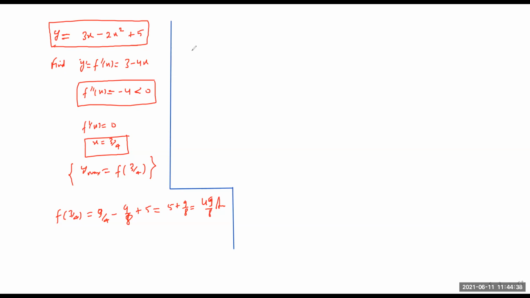I had a question. We did f double dash of x and found it to be -4, which is less than 0. We did that just to check if it is maximum or minimum. Very true, that's the mathematical way of checking. If you can see the actual graph, if you know how to plot a graph, then even those checks are not required.